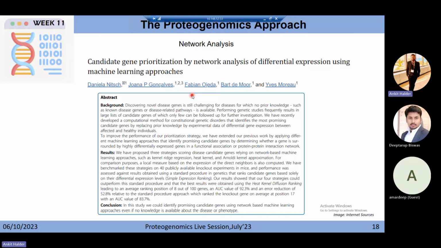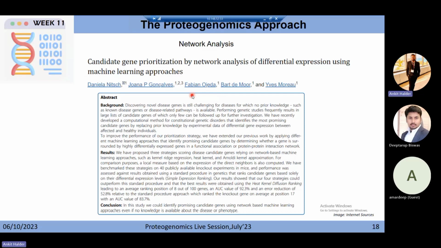But for novel disease genes, what would be the best way to proceed? With the known disease associations, which I have already shown, the human disease network or the human metabolic disease network, one is aware of the different diseases or genes, like OMIM and the literature is available, which one can easily look up and check for those kinds of diseases.